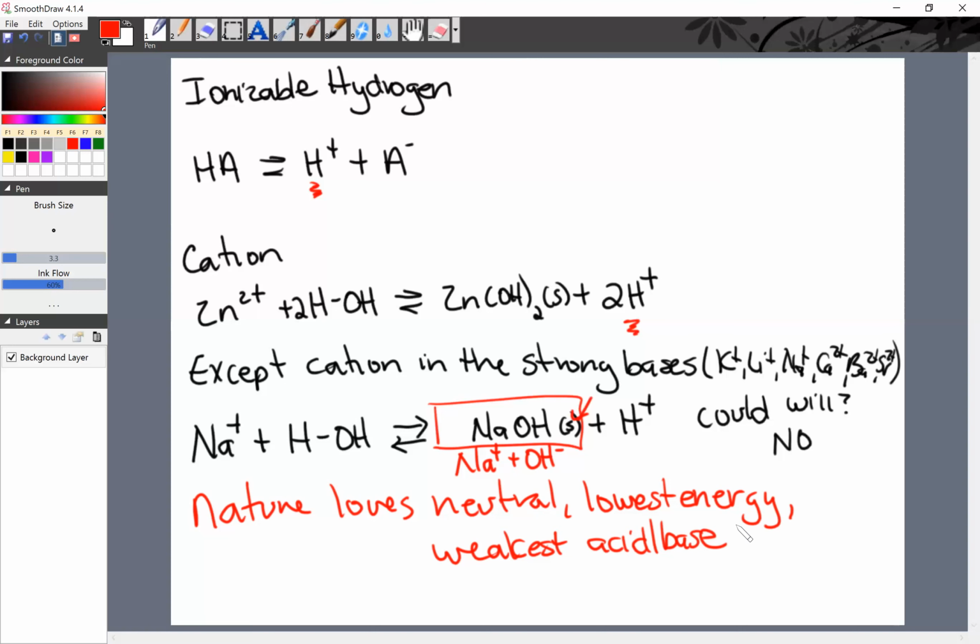Sodium hydroxide is a strong base. So the minute I started to create a stronger base than something I started with, the answer is no. So that will happen every time we use one of these cations that go with what? The strong bases. So all cations are considered acidic except those that are attached to the strong bases.